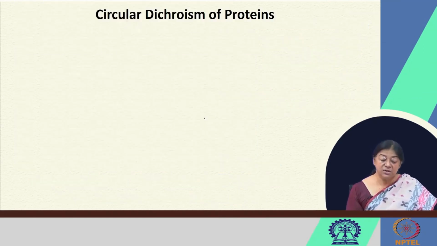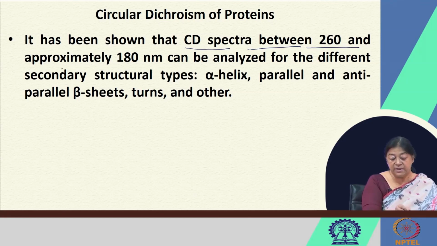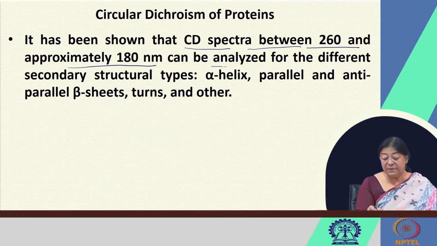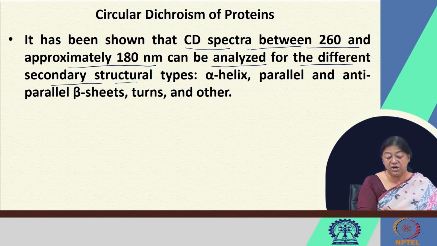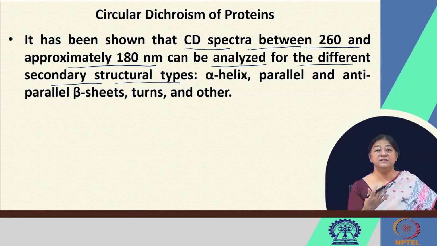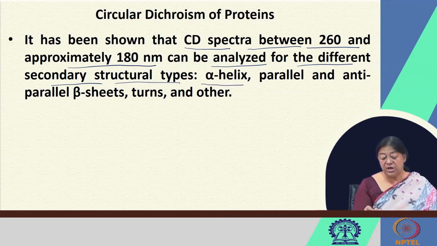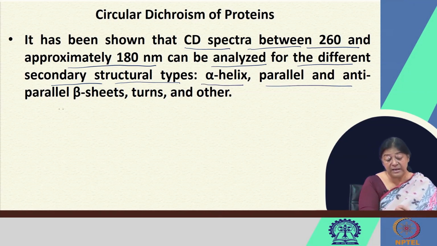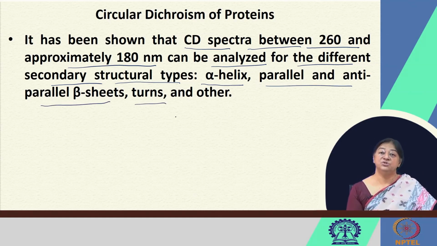So, if we look at the circular dichroism of proteins, the CD spectra found between 260 and approximately 180 nanometer can be analyzed for the different secondary structural types. We can look at the characteristic CD spectra of a protein and distinguish alpha helix, parallel and anti-parallel beta sheets, turns and other random structures.